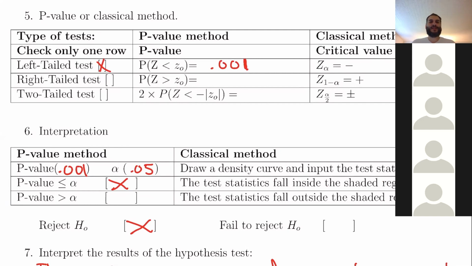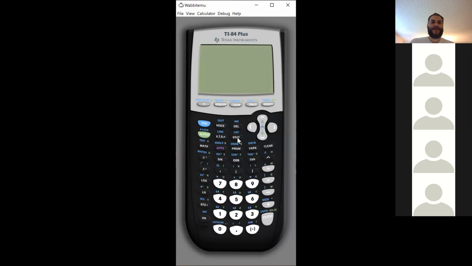So for this one, we said left tail, correct? If we go back to the TI-84, go to stat, test, Z-test, and draw, we should expect the left tail to be drawn.